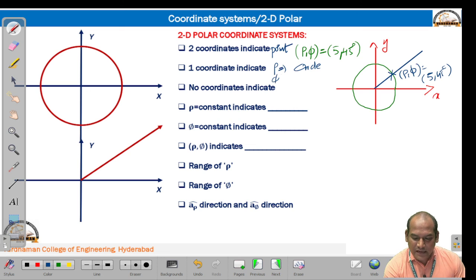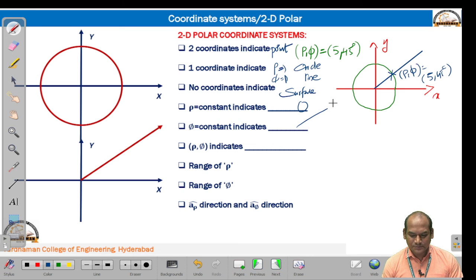If I give the phi value, I can represent a straight line. If I do not give any coordinate, again this is representing the surface. Rho is equal to constant is representing the circle, phi is equal to constant is representing the straight line, and rho and phi together is representing a point.